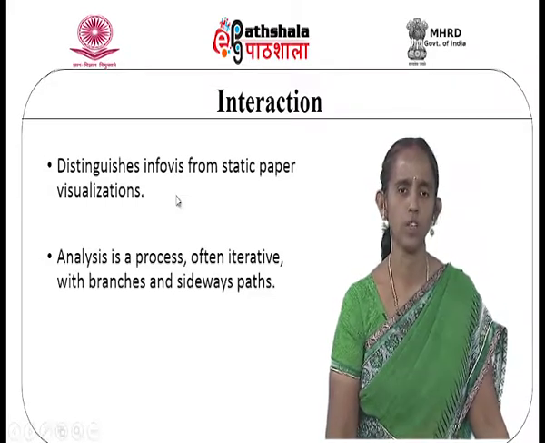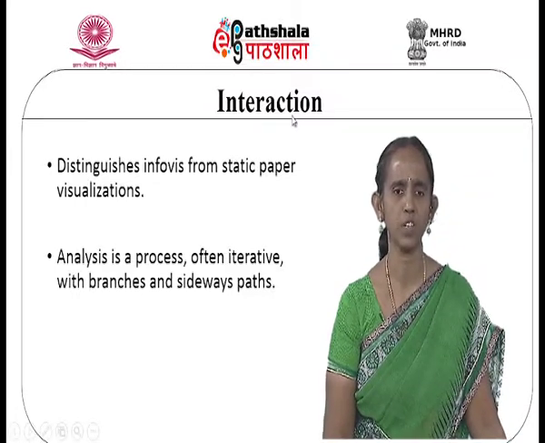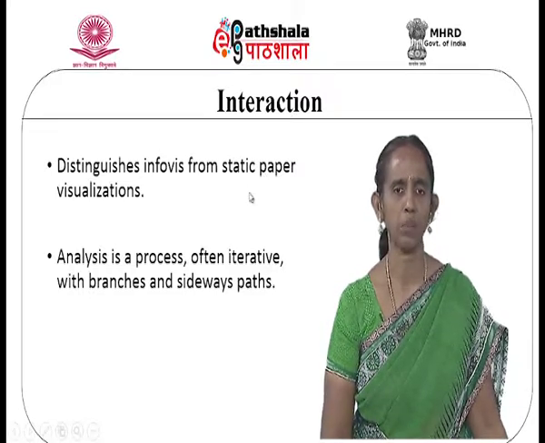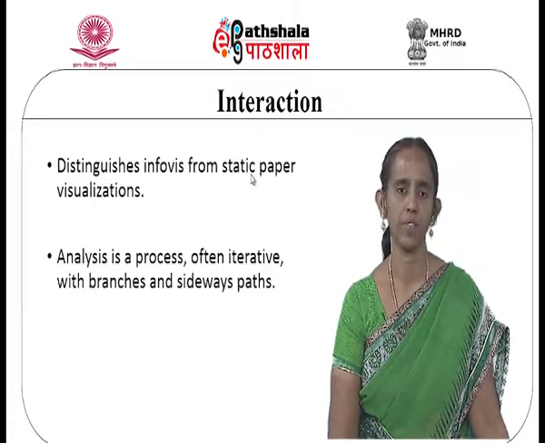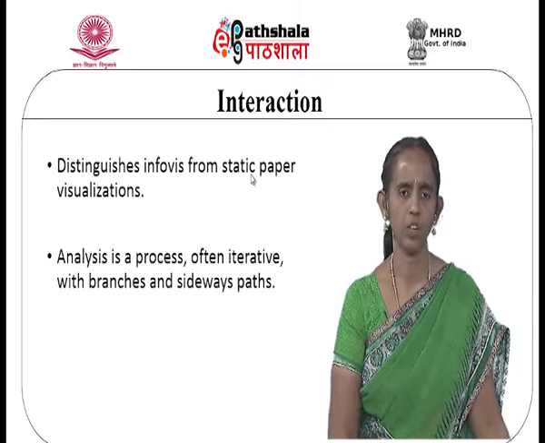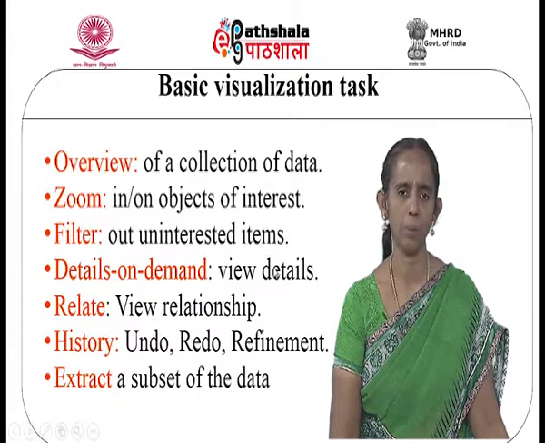So with the help of interaction, it is also possible for us to differentiate a static paper visualization from a dynamic visual. Analysis can be performed with the help of interaction, and this kind of analysis is a process which is often iterative in nature, with branches and sideway paths.